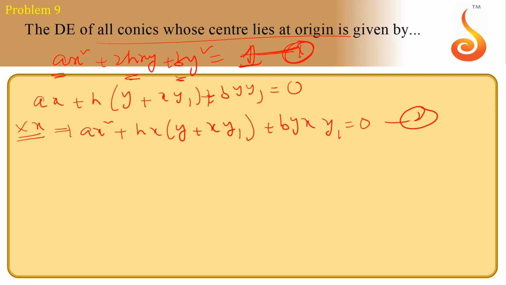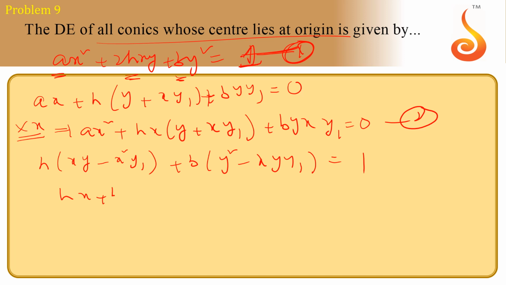Then subtract 1 from 2, or 2 from 1, anything. So x square gets cancelled. So you will get h into xy minus x square y1 plus b into y square minus xy y1 equal to 1. So I did 1 minus 2. Then if you rearrange, you will get y common. So hx plus by into y minus xy1.